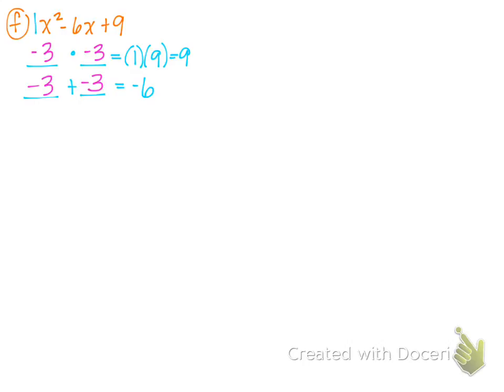So let's carry on like we've been doing. You take what's in your blank and you put it over a, and a is 1 in our variable. That's the same thing as negative 3 over x. So that's one of our terms. Then you take the other blank, it just so happens our blanks are the same, over a, which is 1 in our variable. And that's the same thing as negative 3 over x.